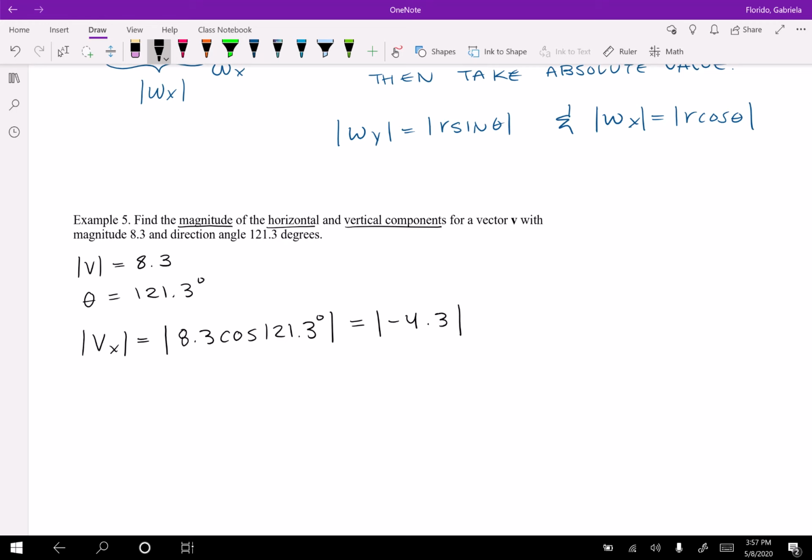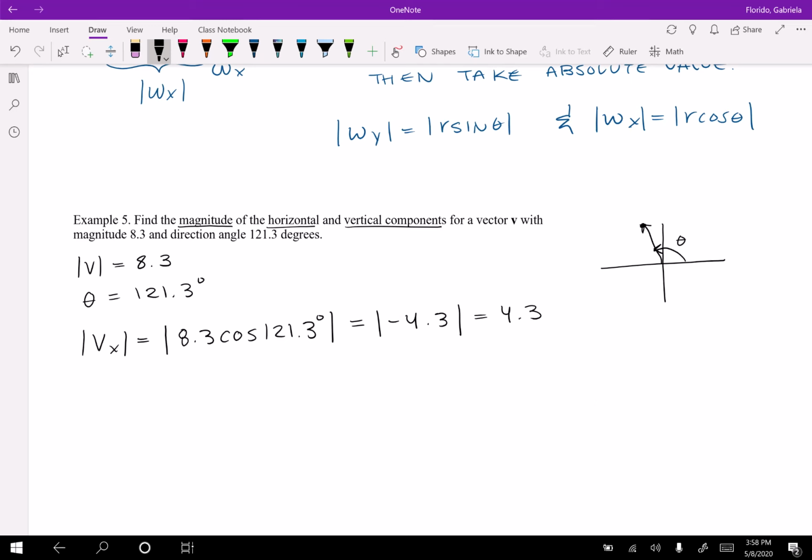And the reason why that number is negative is because this is going to give us a terminal point in quadrant 2. Remember, the direction angle is 121.3 degrees. So my angle here is somewhere in the second quadrant. And so the terminal side is going to have an x coordinate that is negative and a y coordinate that is positive. So it makes sense for this to be negative. And if I take the absolute value, that's just going to be 4.3.